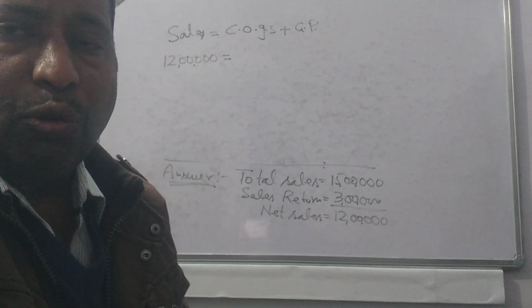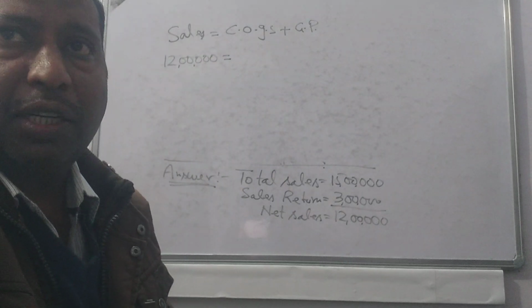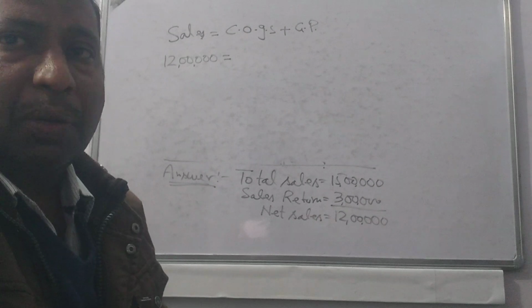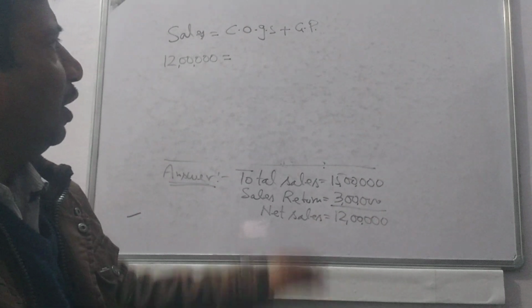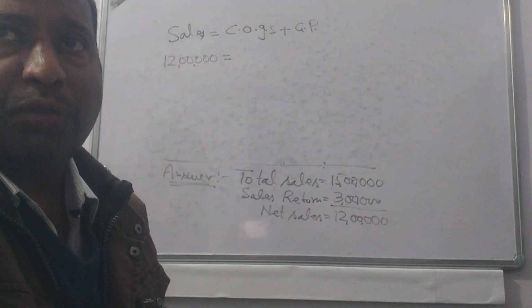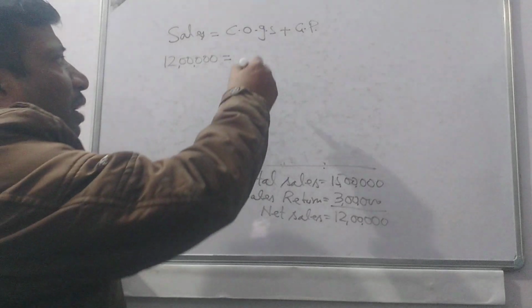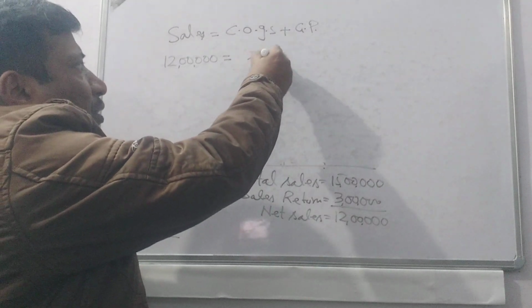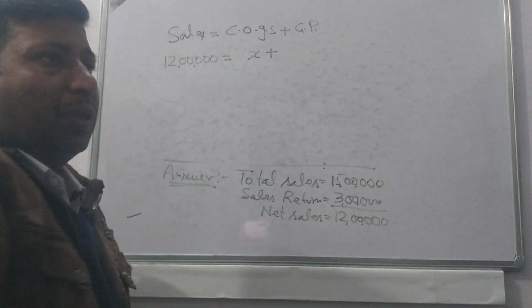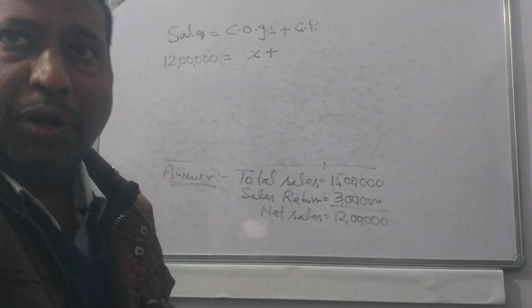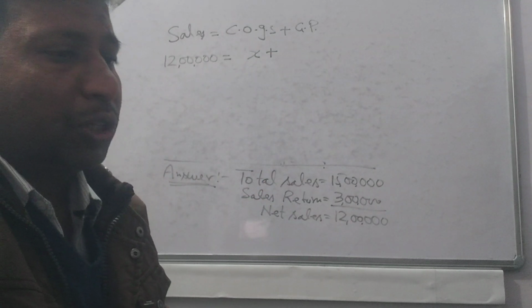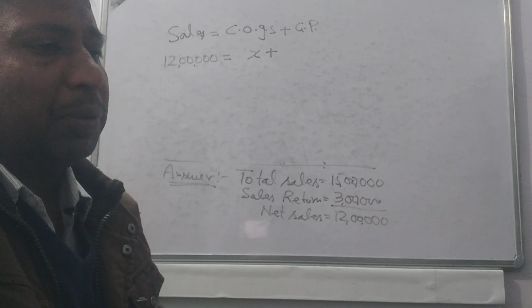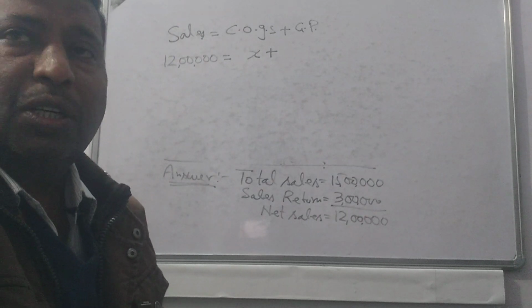Now we have two pieces of information, COGS and gross profit. First we assume the amount of COGS as X, plus gross profit. Gross profit rate applicable is 20%. Is it 20% on sales or 20% on COGS? 20% on COGS.